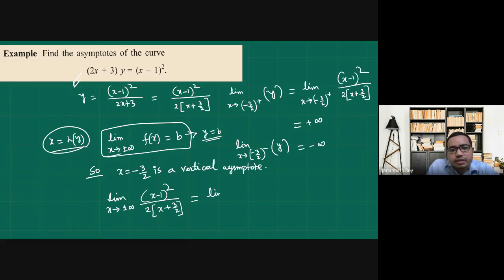If you just write the limit as x goes to infinity of (x square minus 2x plus 1) by (2x plus 3) by 2.